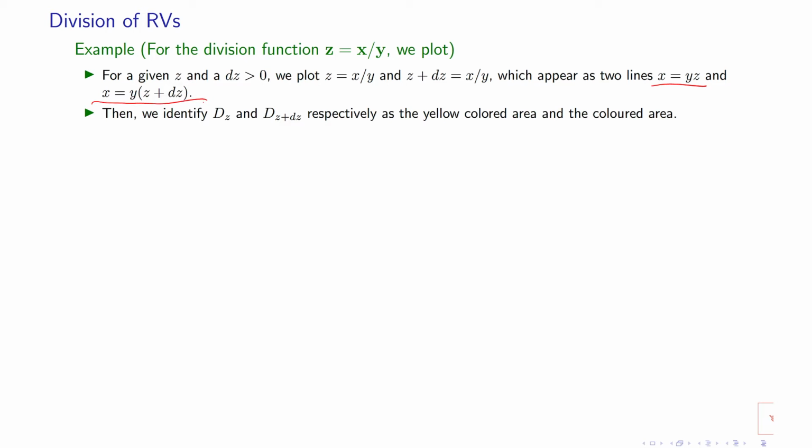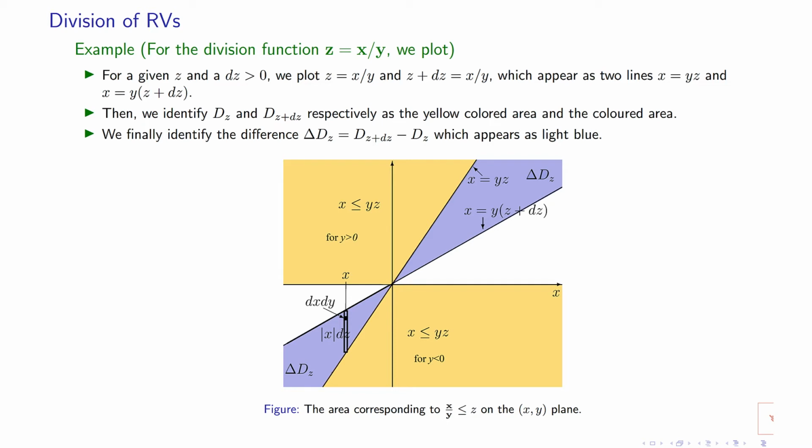Then we have to identify these two regions, and then we could subtract them and integrate over them. So I plotted these two lines when dz is bigger. And then dz becomes this blue area, and the yellow area is this. So this is the union of this one, and it is divided in two parts, and the yellow one also is divided in two parts.